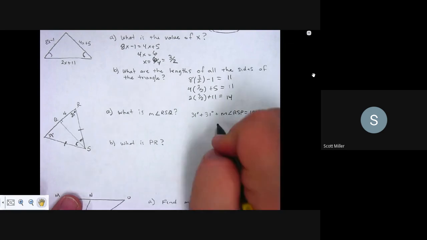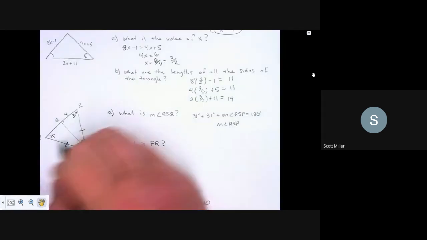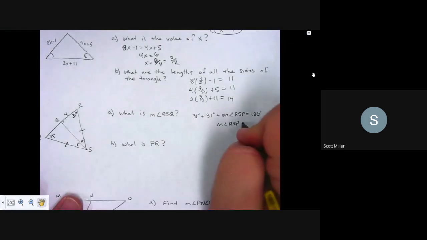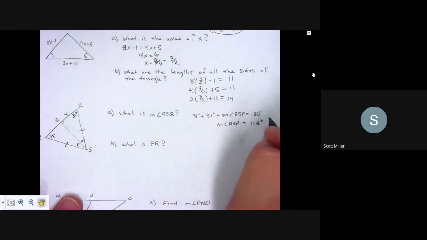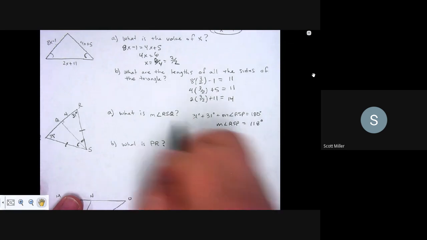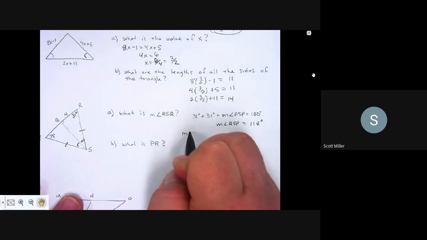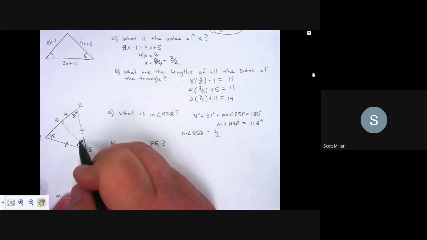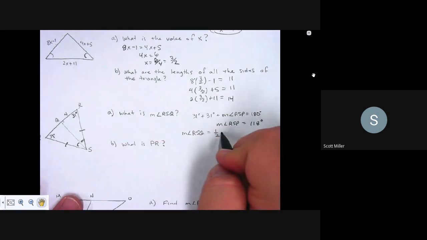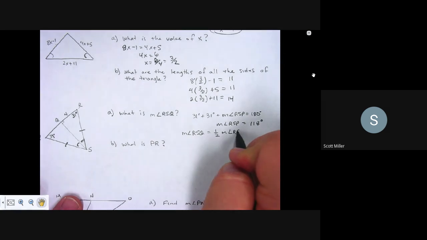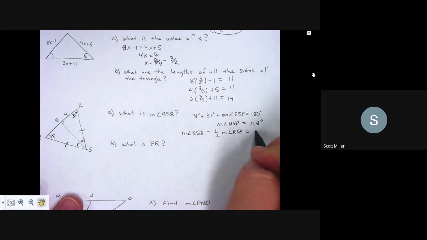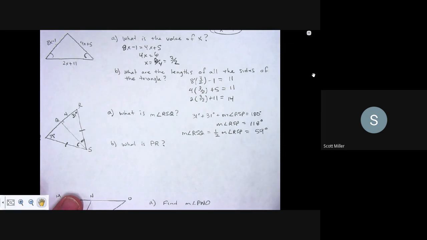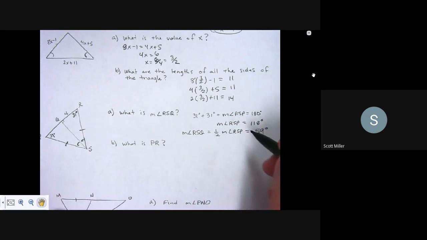So working this all out, the measurement of angle RSP, this whole angle here, is going to equal 118 degrees. Well, the measurement of angle RSQ is 1/2 of that because it bisects angle RSP, which means our angle is 59 degrees. And so this is how you can display your work and write your answer out.